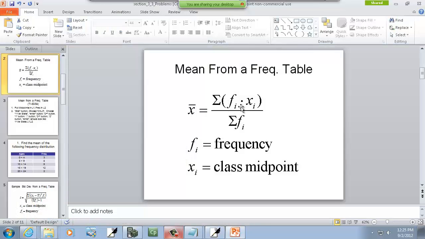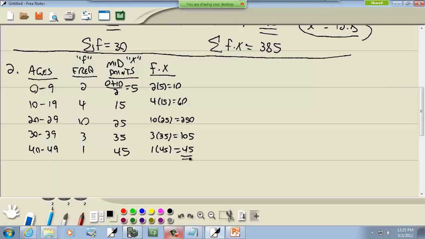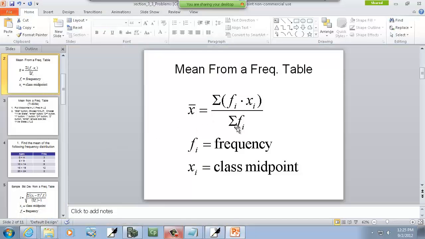The sigma in front of it says we need to add those together, so that's the sum of f times x. I got 10 plus 60 plus 250 plus 105 plus 45, which gives us 470. And from our formula, we also need to add together the f's. That's for the denominator.